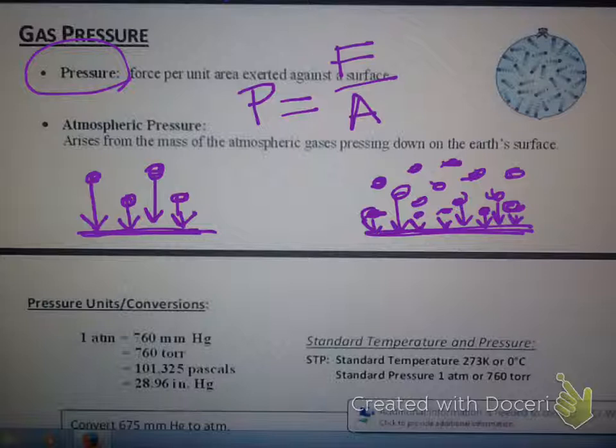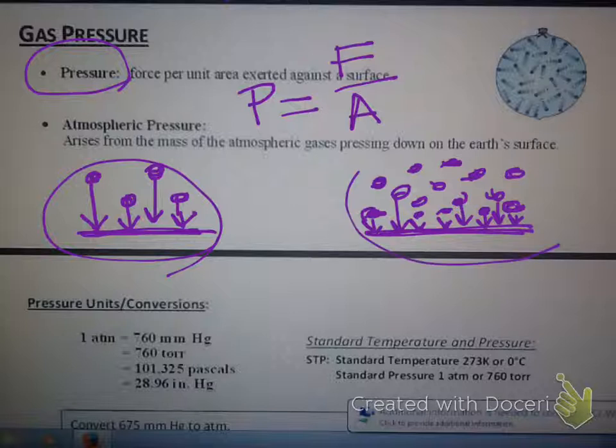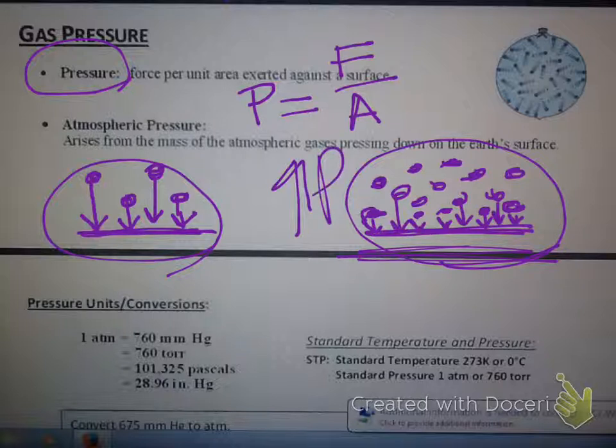Here we have about 4 particles colliding in that area, so if they were all at 1 newton of force, we would say 4 newtons per, let's say, square inch. Here we have 1, 2, 3, 4, 5, 6, 7, 8, 9. 9 newtons per square inch. We would say that this on the right was at a higher pressure than this gas over here because there's more force per unit area being pushed against the side of that container, that surface.